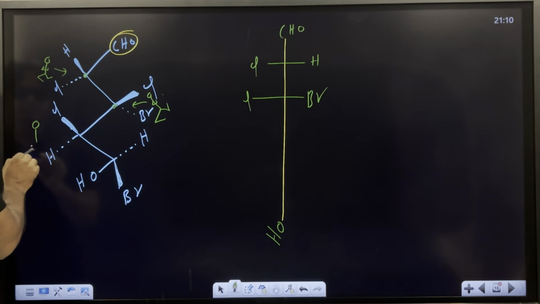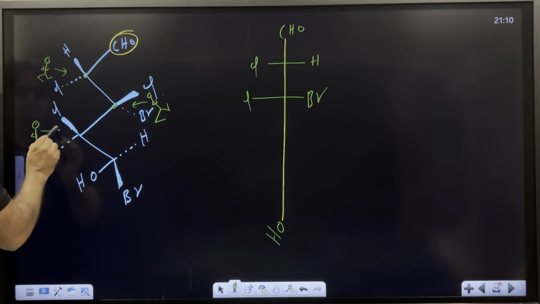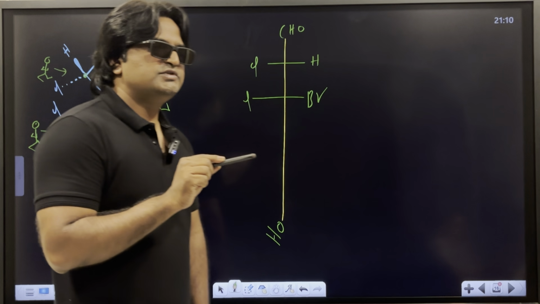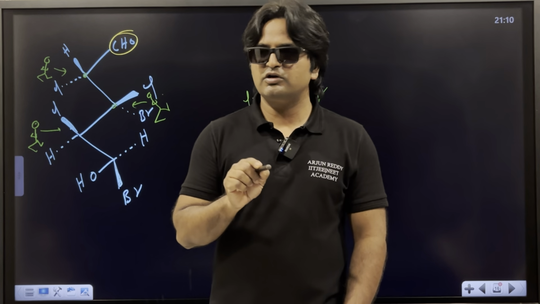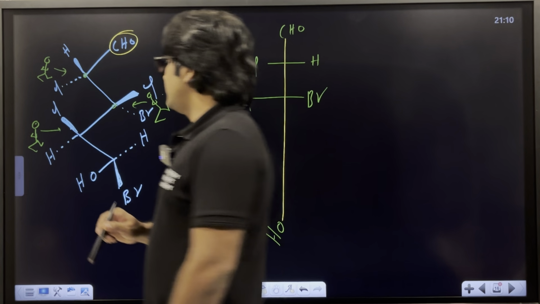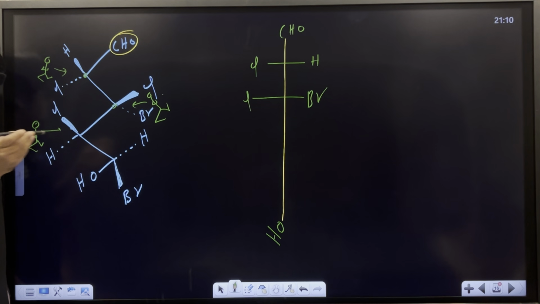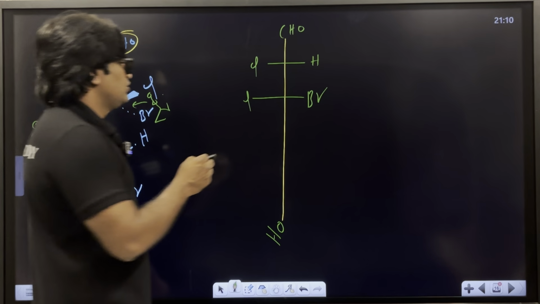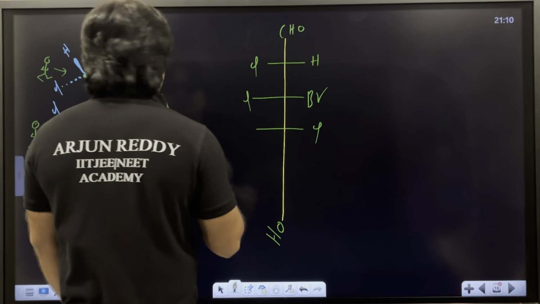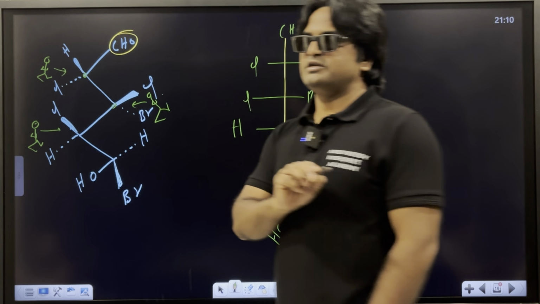Here this is the position of the observer. Always the observer should stand in between out of plane groups. So according to this person, chlorine front of plane or back of plane? Front of plane. That means right side or left side? Right side. Chlorine right side and hydrogen left side.